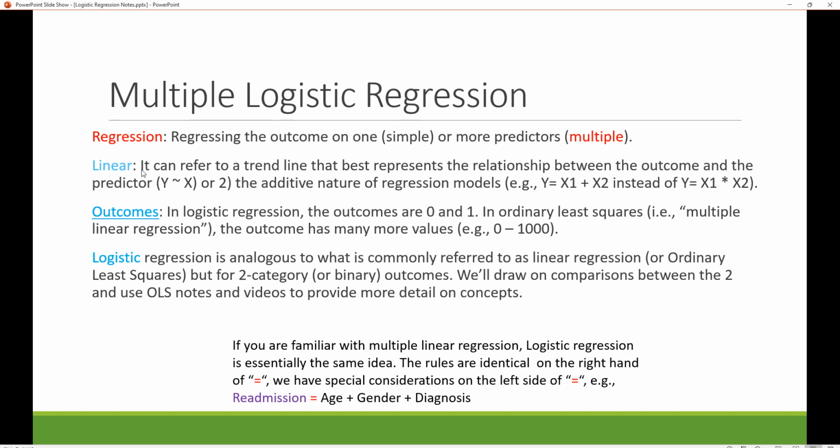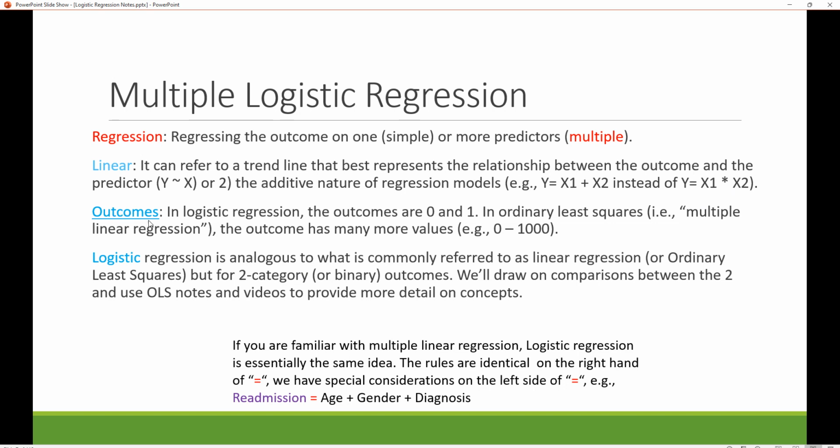Linear, I'll use the term linear a few times throughout the course, and that can refer to a trend line that best represents the relationship between the outcome and the predictor, or it could also be the additive nature of regression models. For example, y equals x1 plus x2 instead of y equals x1 multiplied by x2.